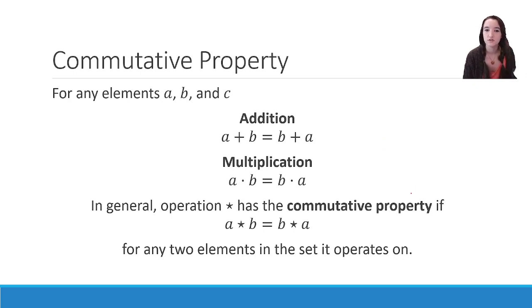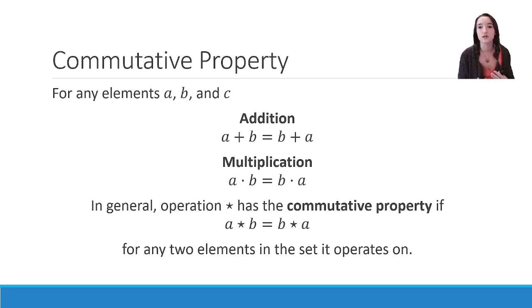So that's commutative. Commutative essentially means that they can commute with each other. Remember, your commute is like you're driving to school or work. You're moving, right? So you're allowed to move. So A and B, A plus B, B plus A, they're allowed to move. They're allowed to commute positions. That's where that name comes from.